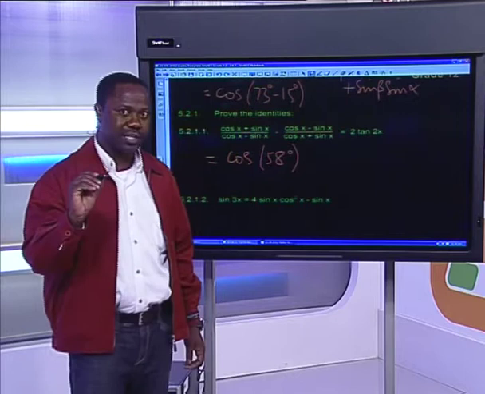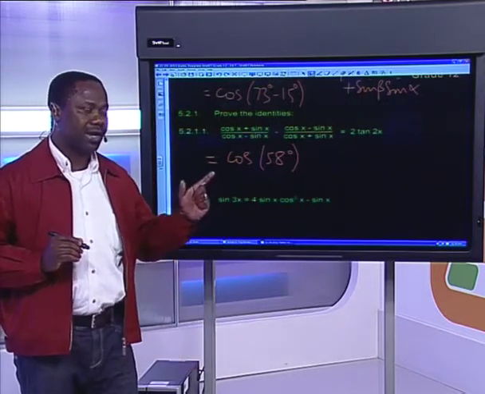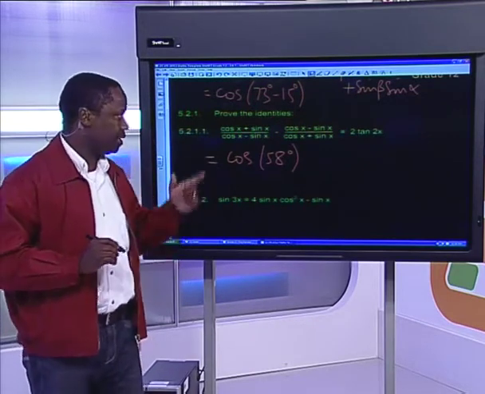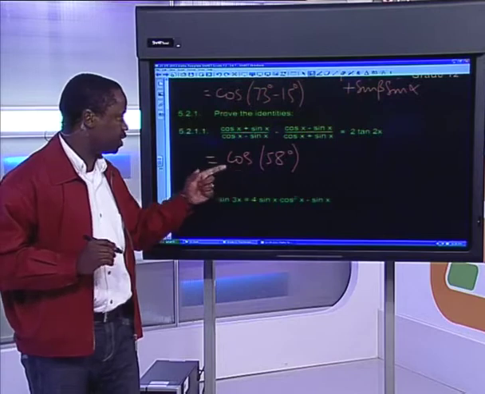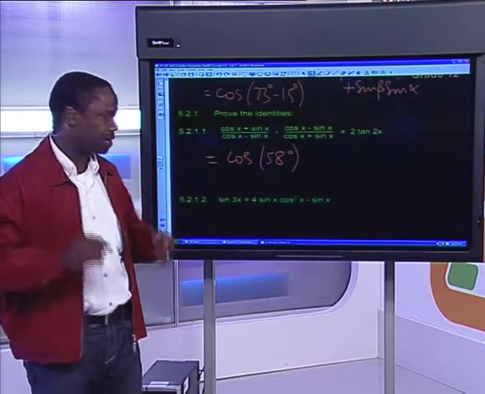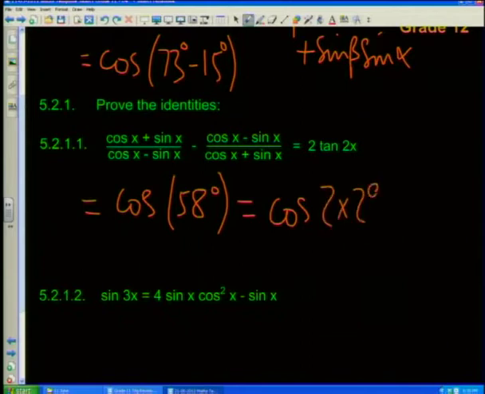But if you look closely, you realize that 61 and 29 add up to 90. They are complementary. In this case, we don't have 29 here, but we have twice that. 58 is 2 times 29. So we could carry on and say this means we've got cos of 2 times 29 degrees.